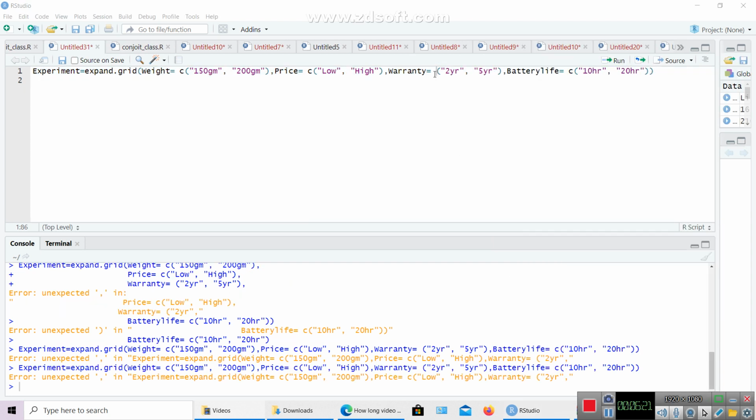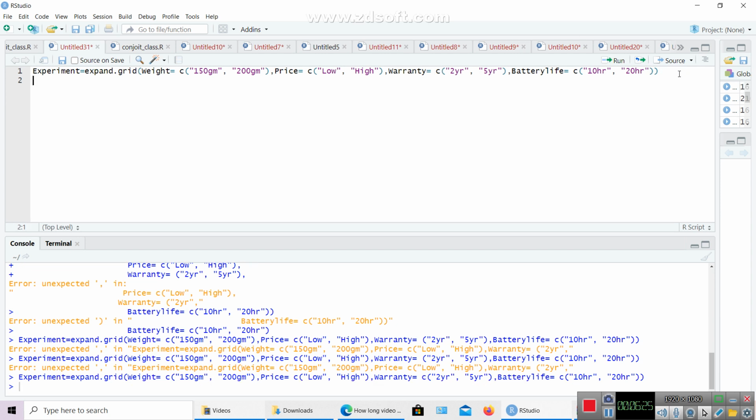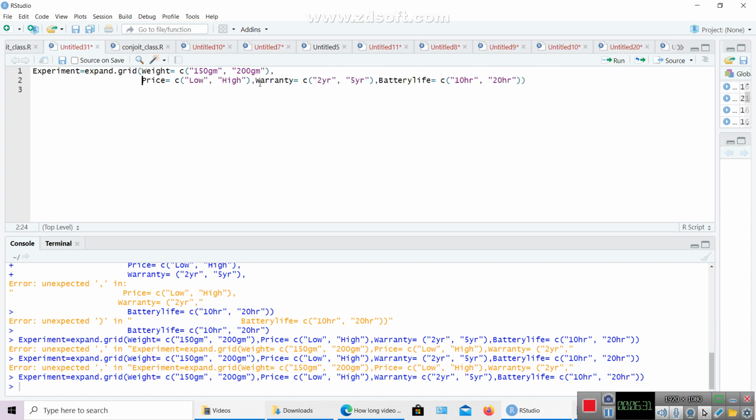Right, so I didn't put the c here, concatenate, that was the error. So I'll run the function. For visual purposes, I'm breaking this function here so you can understand it properly. If you want to break the function, just break it after the commas. Alright, so now I have this experiment for my conjoint analysis.